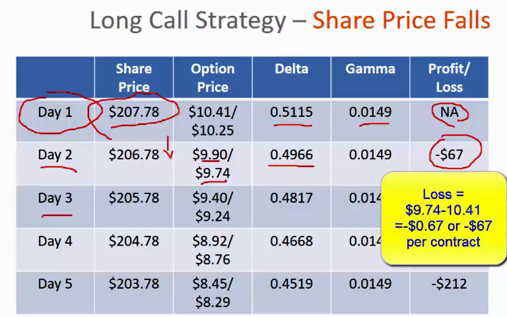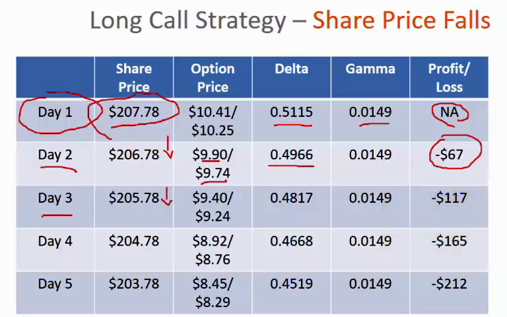Going into day three, let's say there was another $1 drop in the share price. That would mean that the new bid and ask would go from 990 stroke 974 down to 940 stroke 924. And that again is just the previous day's prices minus the delta amount for the previous day. Our delta though will have also changed again. Our delta will now become 0.4817.